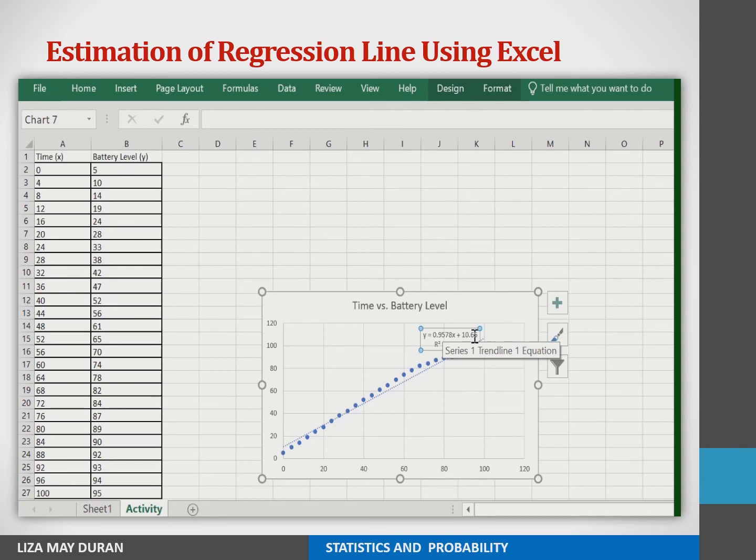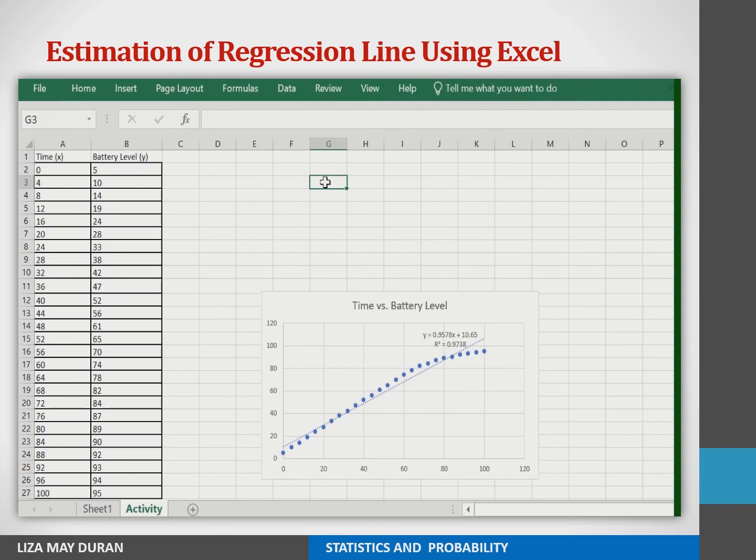But if you want to find out how to do this without using the scatter diagram, you can recall that our regression line is given by y equals mx plus b, where m is the slope and b is the y-intercept.